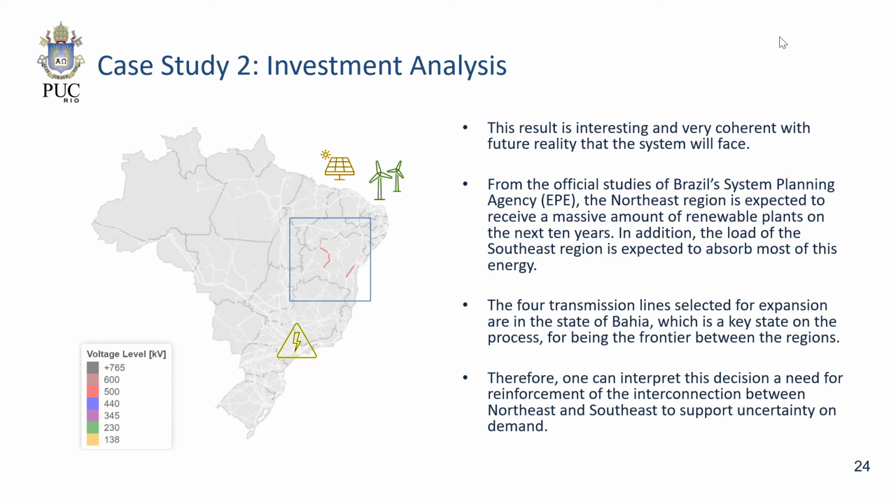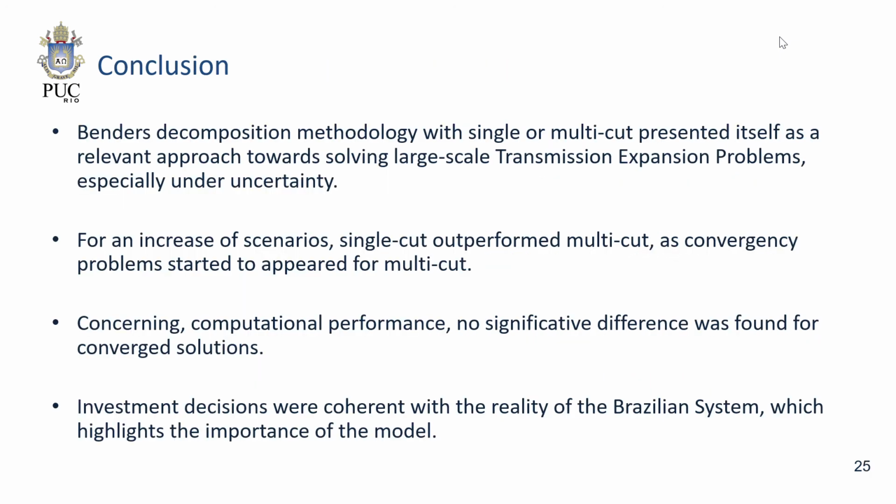So the fact that the circuits are located there shows that what the model has in mind is a need for reinforcement of the interconnection between the northeast and the southeast to support uncertainty on demand, especially on the southeast. So that's a really interesting result.